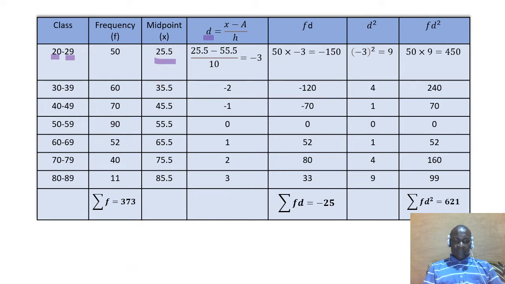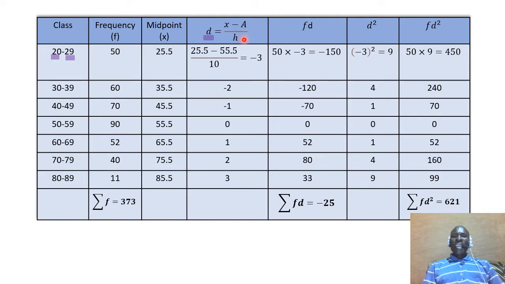Now it can be any value. It can be 65.5, it can be 55.5 or 45.5. However, today in this illustration, we shall use 55.5 as our assumed mean.